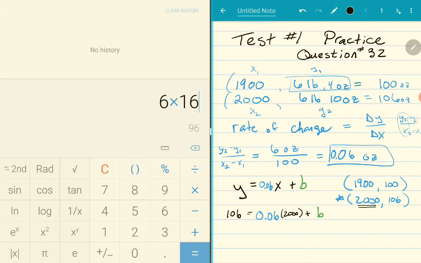So I can now solve for B by going 106, divided by the product of 0.06 times 2000.